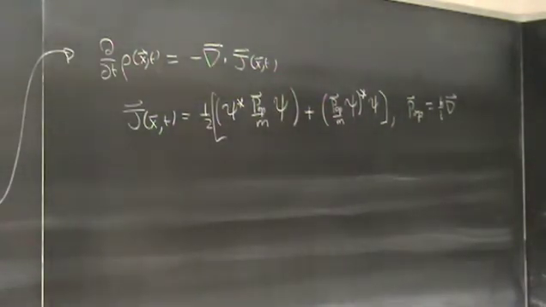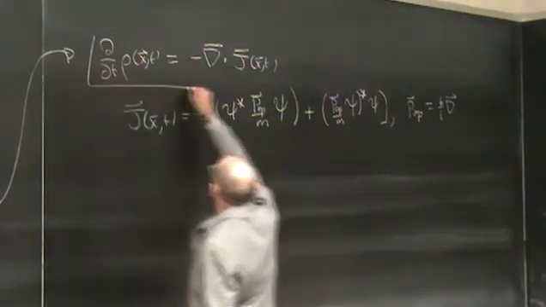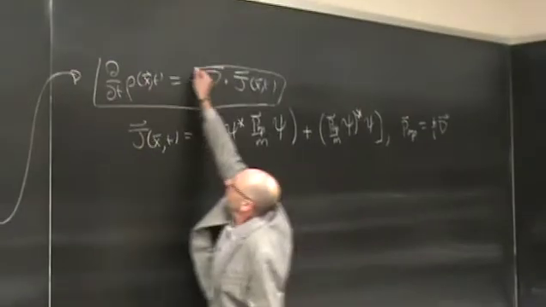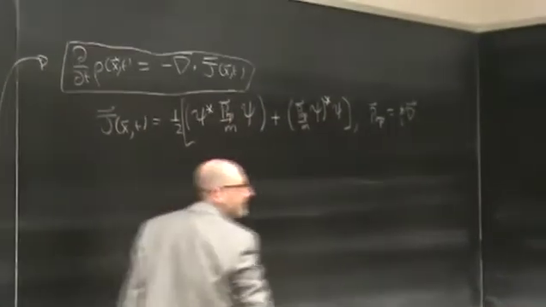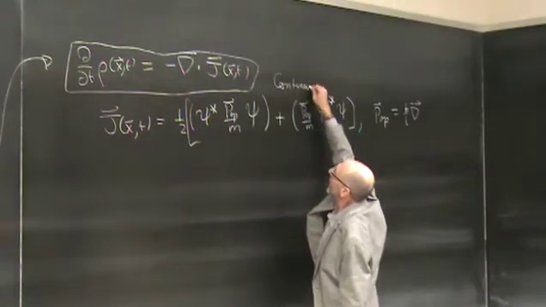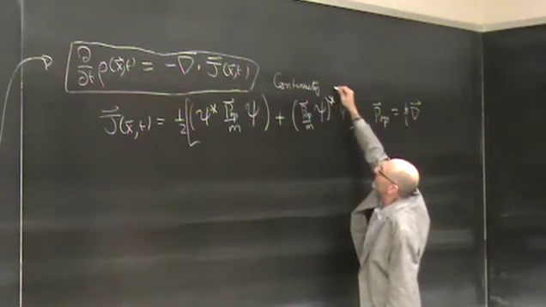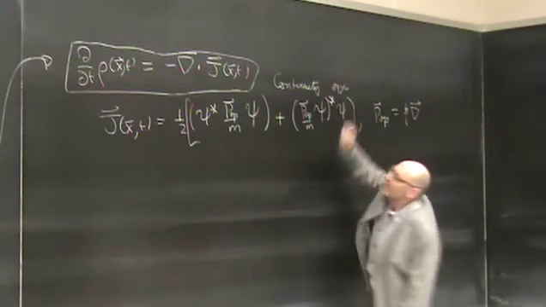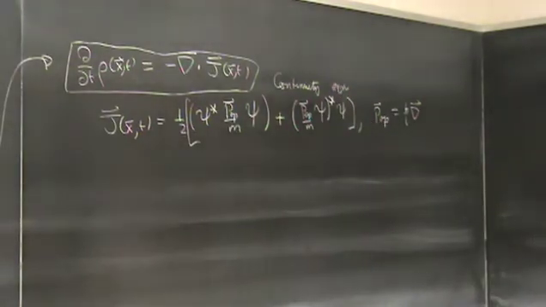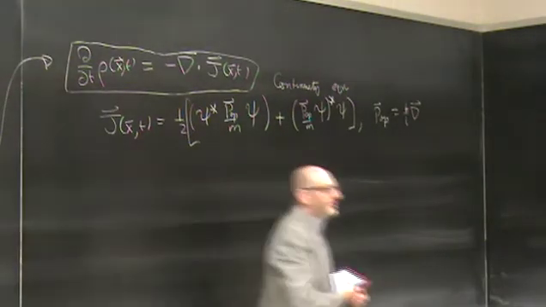So, you recognize this equation? The continuity equation, thank you. This is the continuity equation, familiar from fluid dynamics, but probably more familiar to you from electricity and magnetism, where j is the current of charge and rho is the charge density.